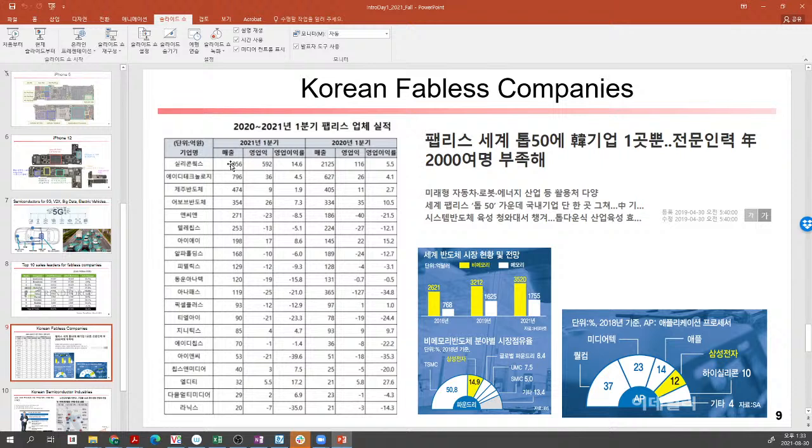So the circuit designer's role is becoming very critical, as it gives an edge to electronic companies like Samsung and Apple.